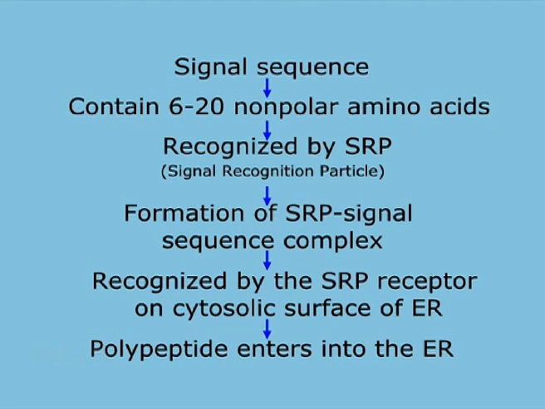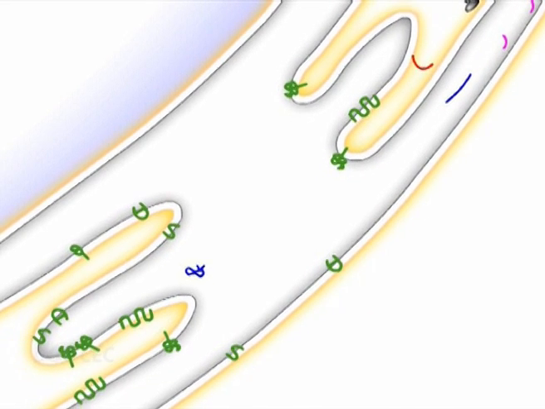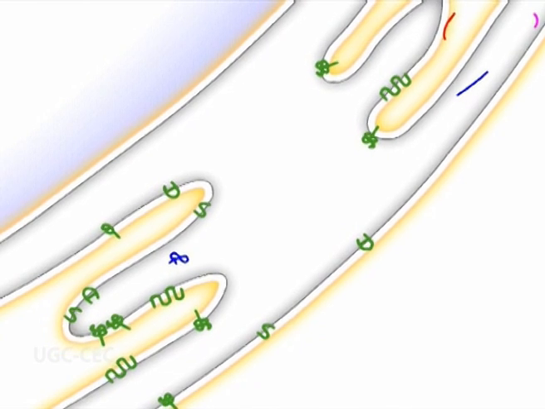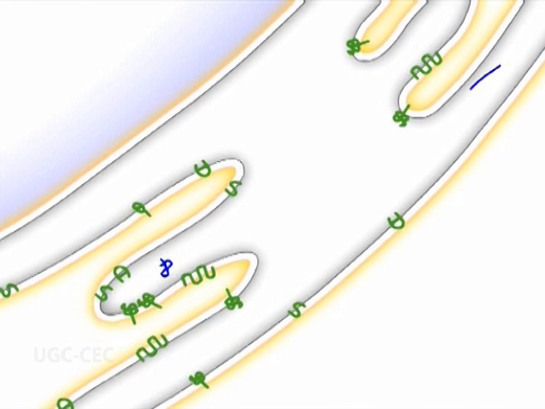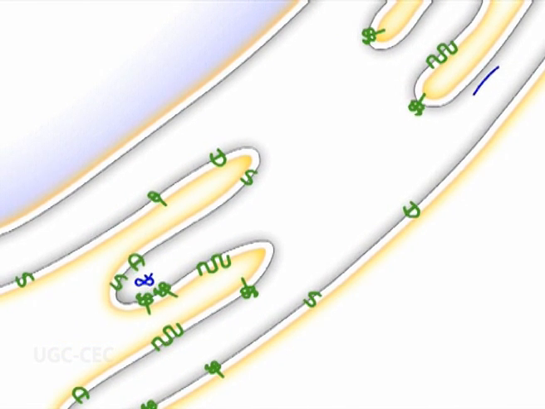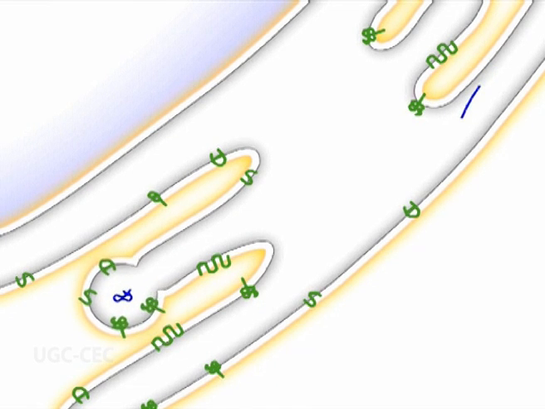This binding allows the polypeptide to elongate and enter into the lumen of endoplasmic reticulum. Finally, there is translocation of newly synthesized polypeptide for its long path towards its destination through vesicular trafficking.